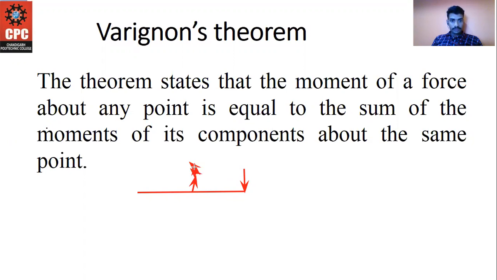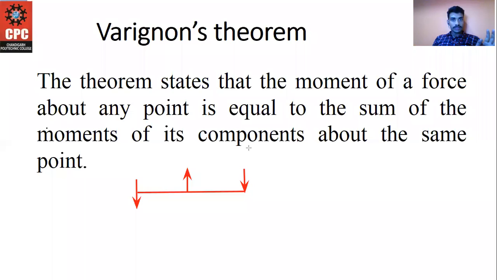Just a minute. I think there must be some error in this. We need to rectify this. Okay, here it is. This is the one, and here comes another one. This is the other force acting there. So now we can easily find out the distances; these points must have some distance.